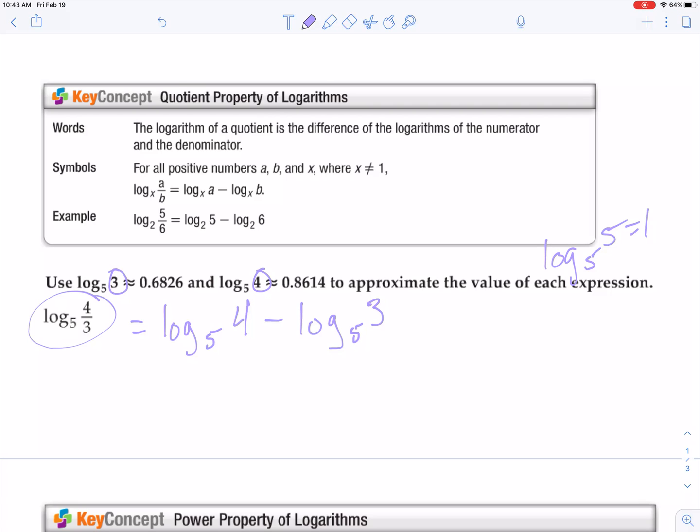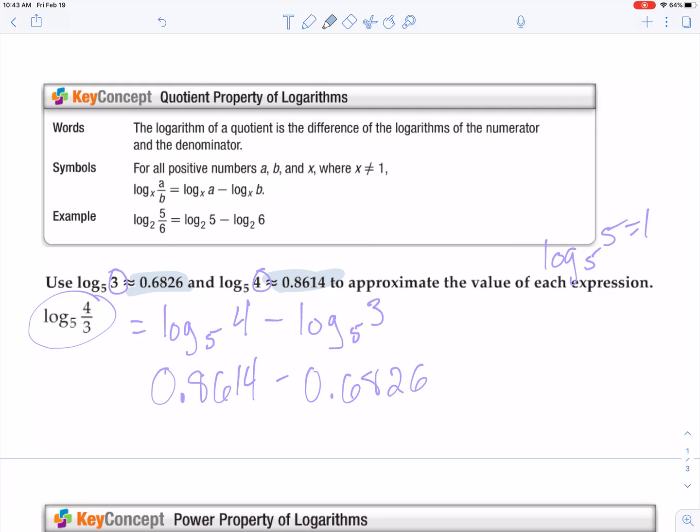That was helpful because I can see that log base 5 of 4 is 0.8614. Where did I get that? Right here. Now same thing. Instead of writing log base 5 of 3, I'm going to write 0.6826. Where did I get that? Right here.